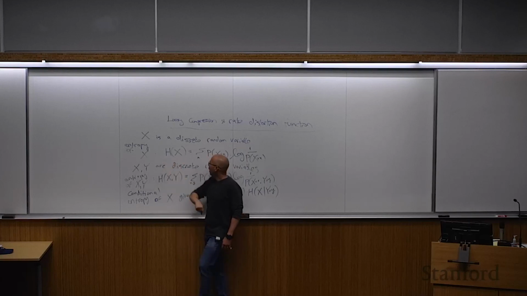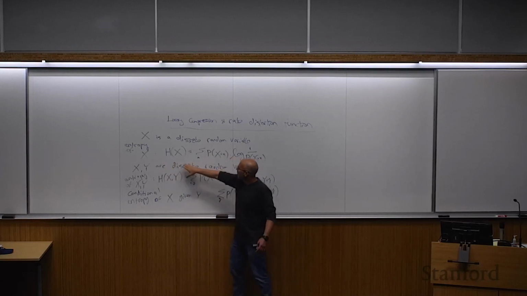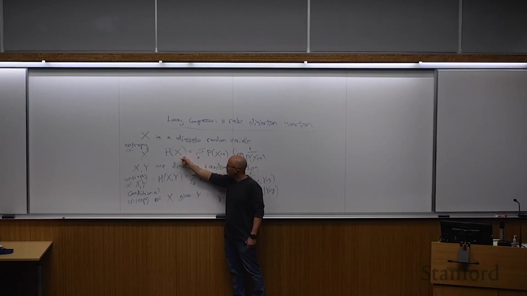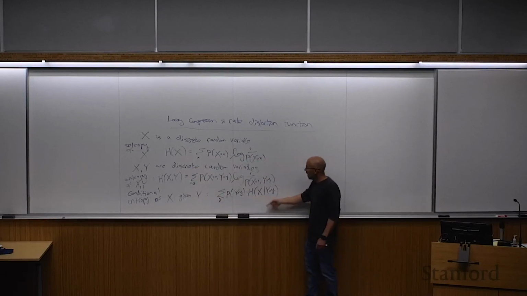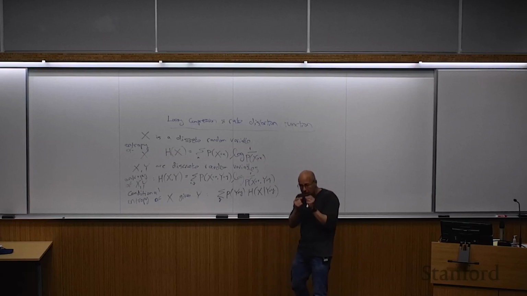So here, this entropy is a function of the probability mass function that describes x. Well, here, this creature is exactly this creature. The role of the probability mass function now is played by the conditional probability mass function of x when we know that y takes on this particular value, small y.